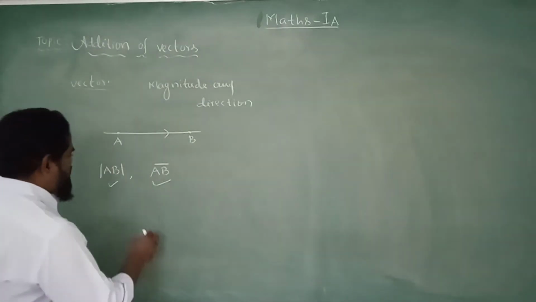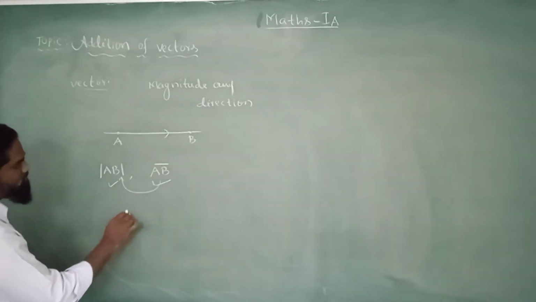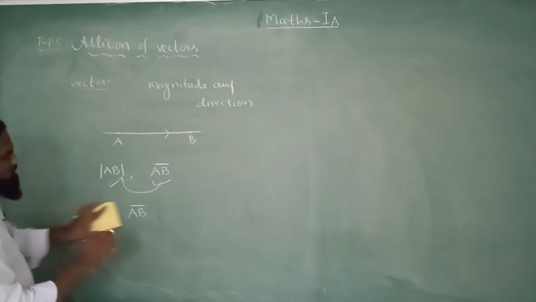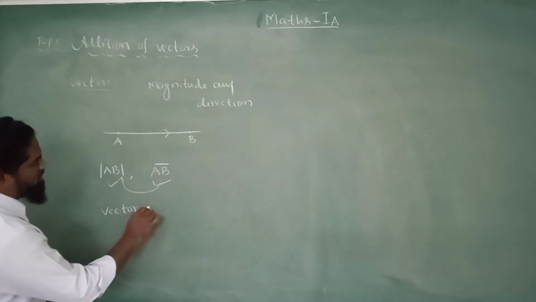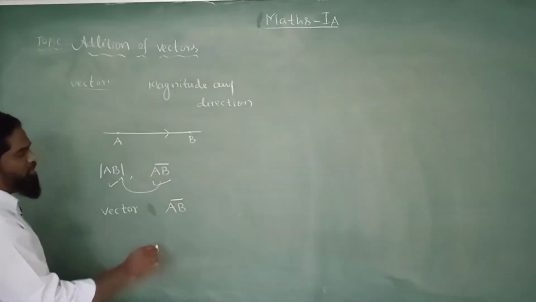Generally, vectors are denoted like this; this is its magnitude. Vector AB, the vector from A to B, is denoted by AB bar.